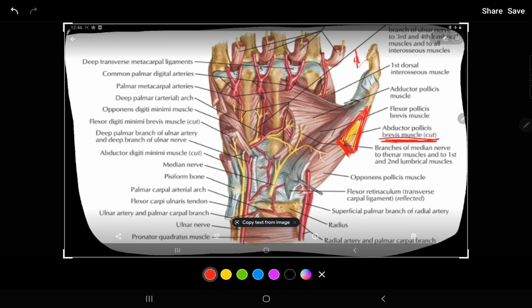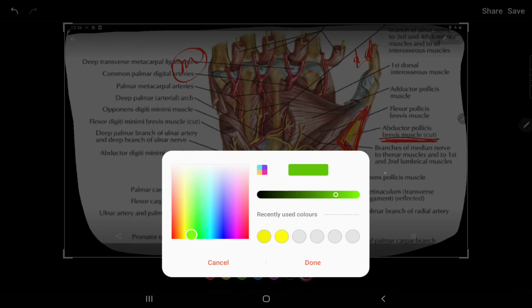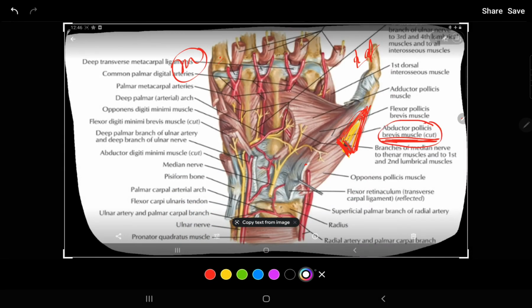This is your lateral side, and this is obviously the medial side towards the digiti minimi. This muscle is your abductor pollicis brevis, and this is the cut section of abductor pollicis brevis. I am marking this muscle with red.